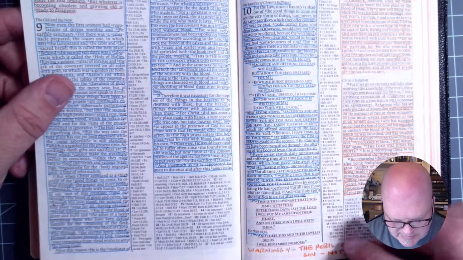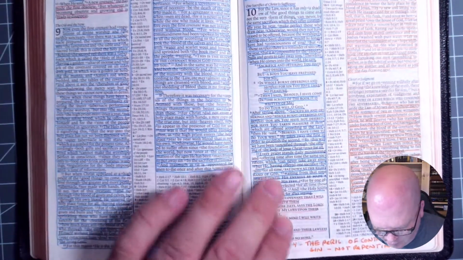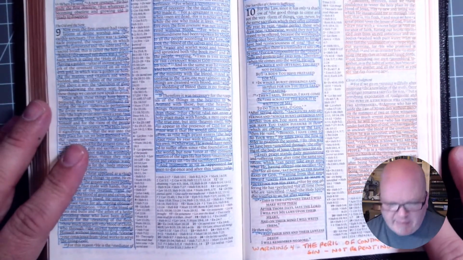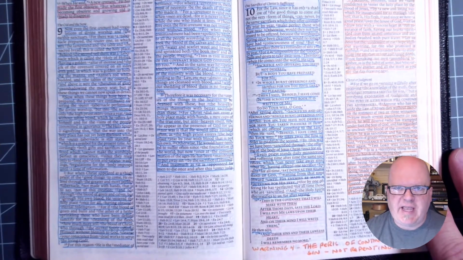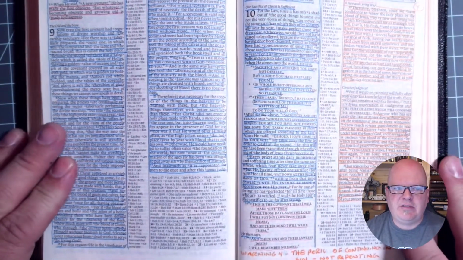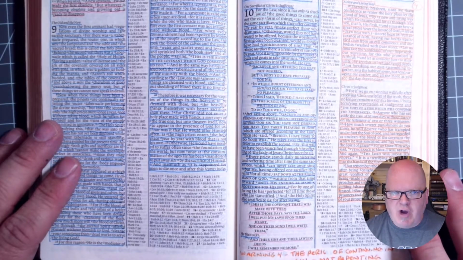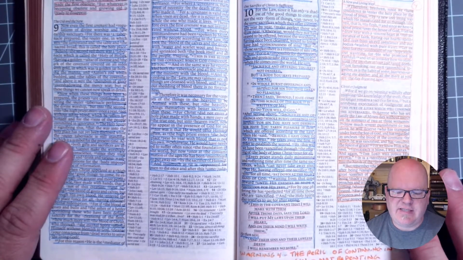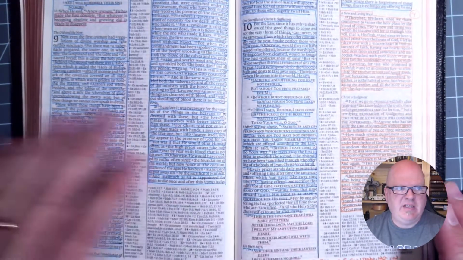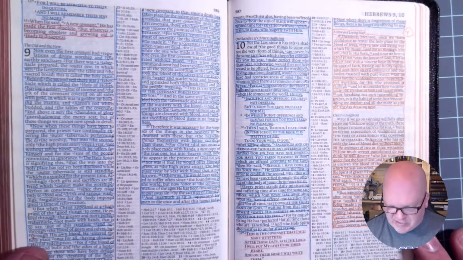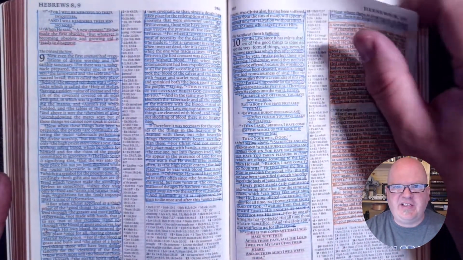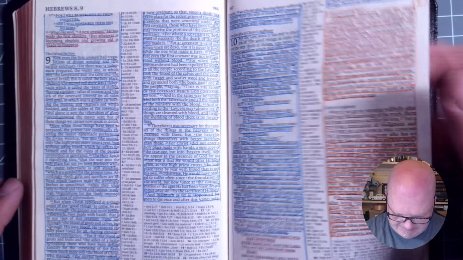Then the fourth warning is the peril of continuing in sin, not repenting. Chapter 10 of the book of Hebrews has some really powerful, strongly worded statements in it that are hard to read, that don't tend to be people's life verses or the things they feel encouraged by when they read.